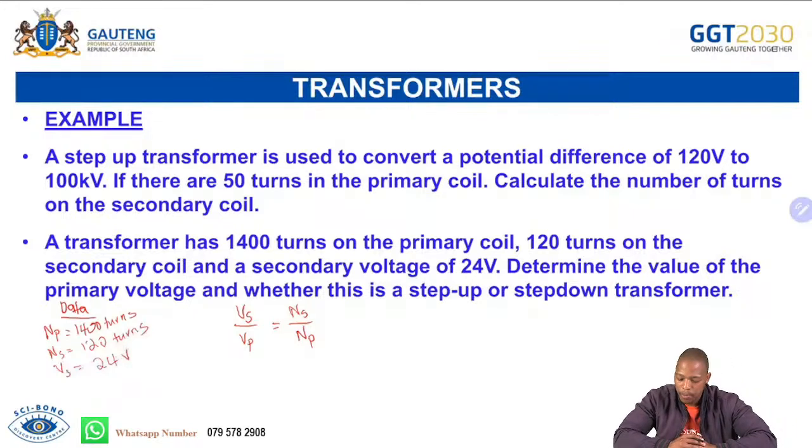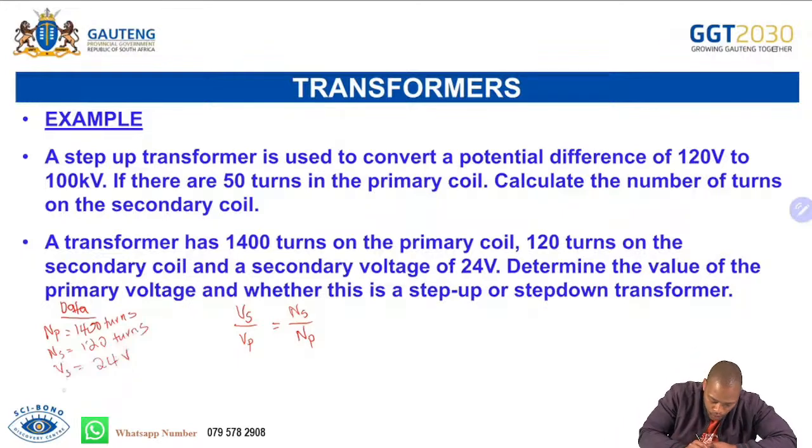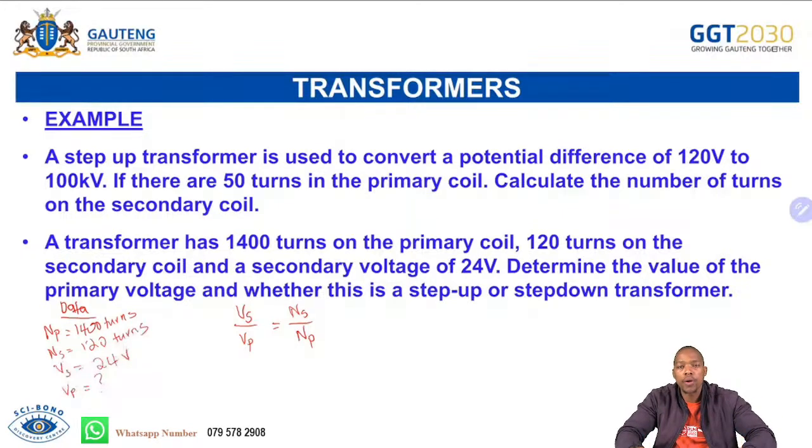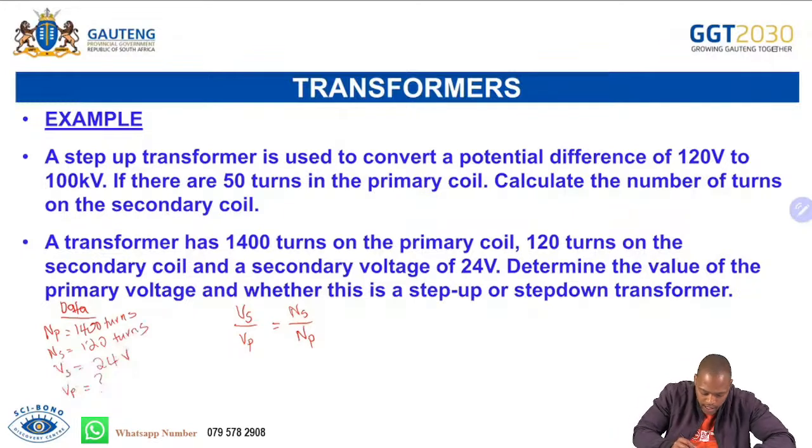Then it says determine the value of the primary voltage and whether this is a step up or step down transformer. So it means the only variable I don't have here is Vp. So I go to my formula, I substitute and I determine the Vp. Vs, I do have, that is 24. Vp, I don't have that. Vp equals to Ns, Ns is 120, Np is 1,400.